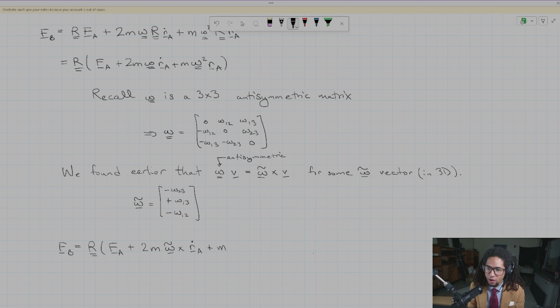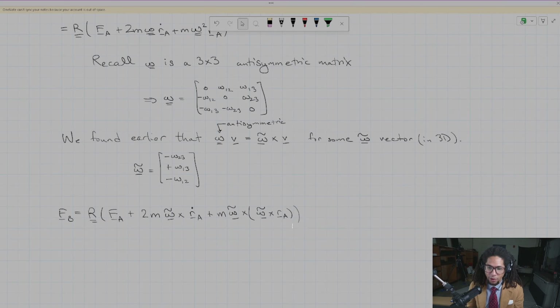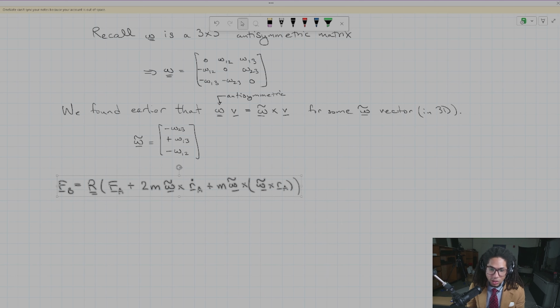So then I would have m times omega tilde cross omega tilde cross RA. Okay, so this is an equation that you will very often see that now has our Coriolis and centrifugal forces in sort of a different form, just recast.